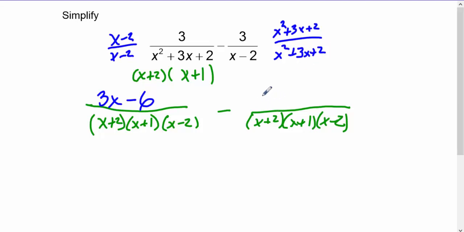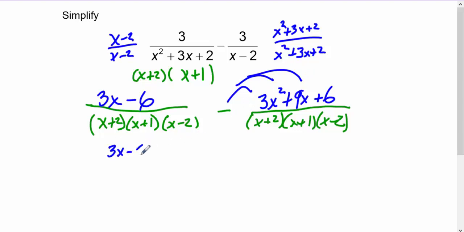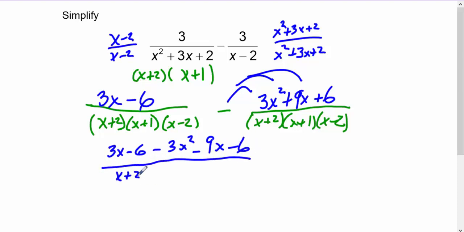So in this case, I have 3x squared plus 9x plus 6. And then I will distribute that negative to each term. So that gives me a 3x minus 6 minus 3x squared minus 9x minus 6 over my x plus 2, x plus 1, x minus 2.